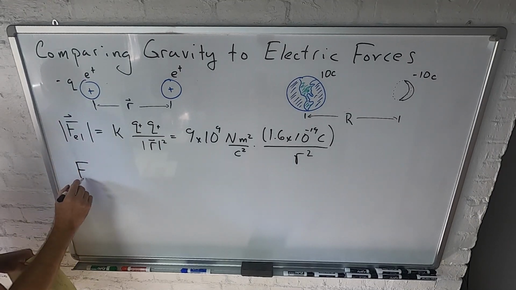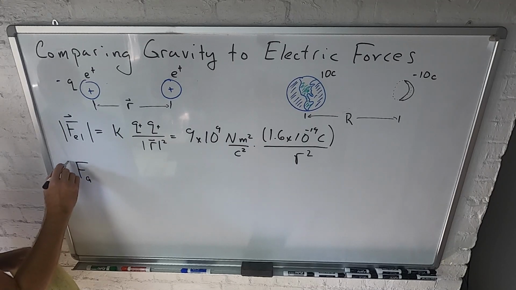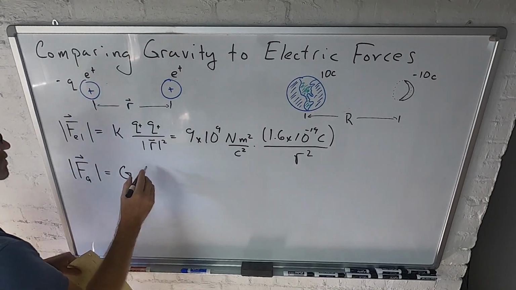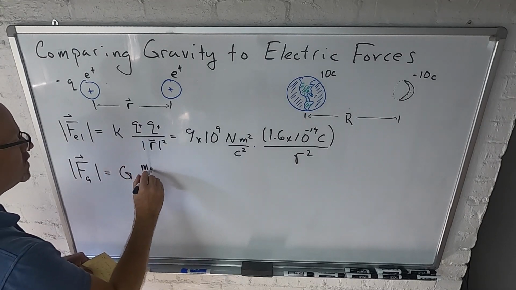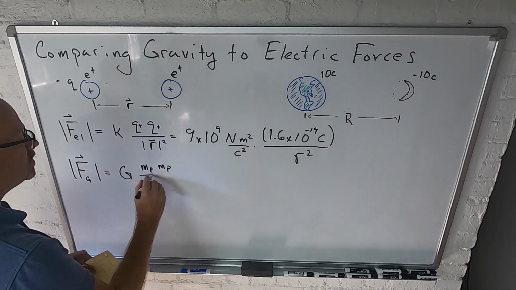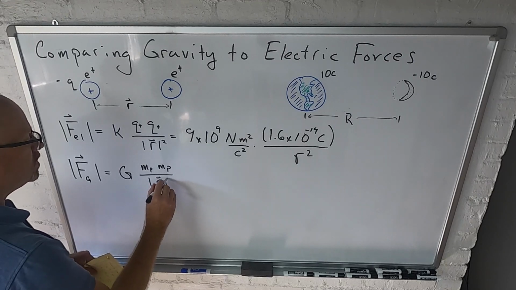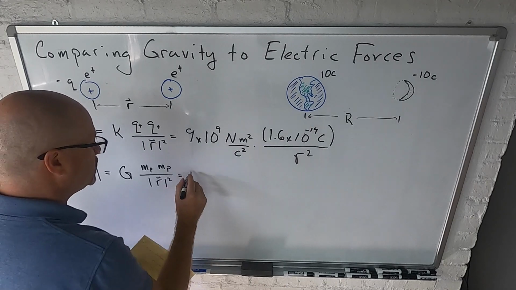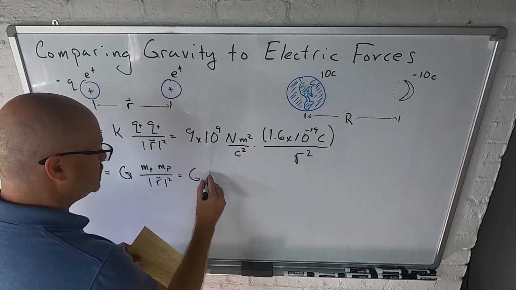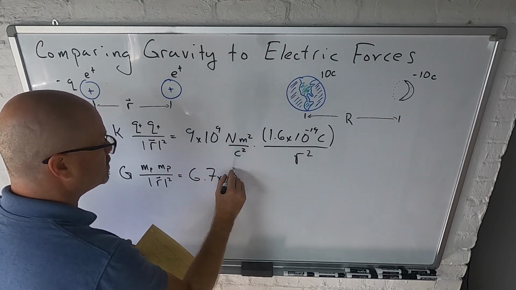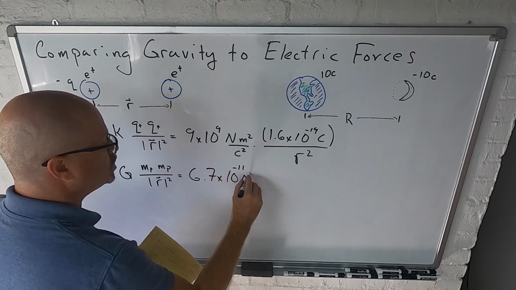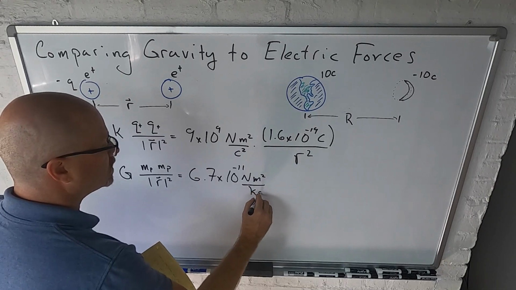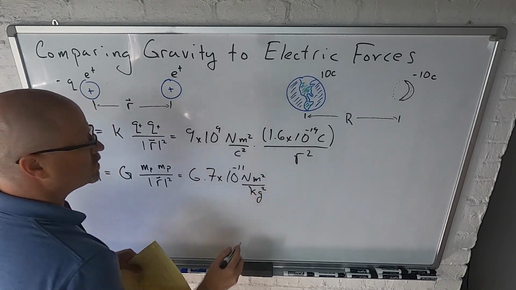So the force due to the gravitational interaction, well, it's G, the mass of the proton, over this r squared. And so G, as we know, is 6.7 times 10 to the minus 11 newton meter squared per kilogram squared.